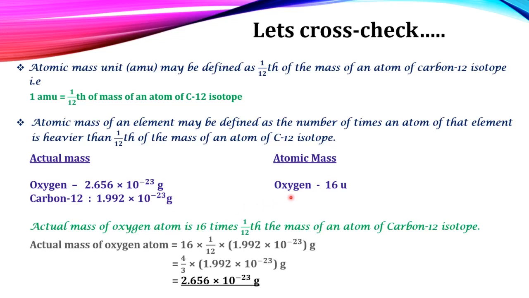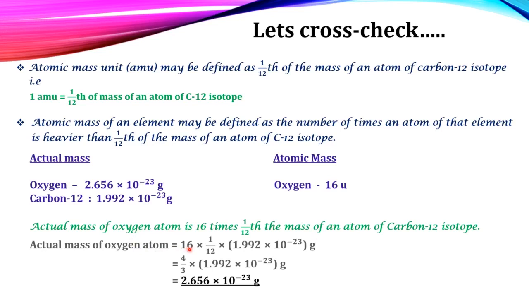Since it was not convenient for us, we opted for a relative scale, that is the atomic mass scale, and with respect to that scale, we say that oxygen has a mass of 16 U. Now if I need to calculate the actual mass of oxygen, that will be 16 times 1/12 the actual mass of an atom of carbon 12 isotope.